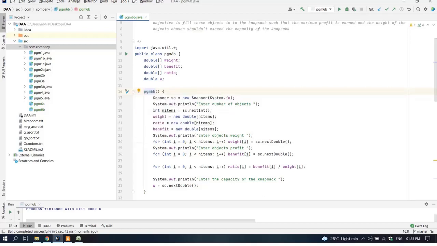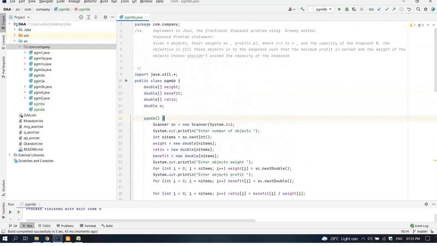So this is our constructor. When we make the object, it will be called automatically.